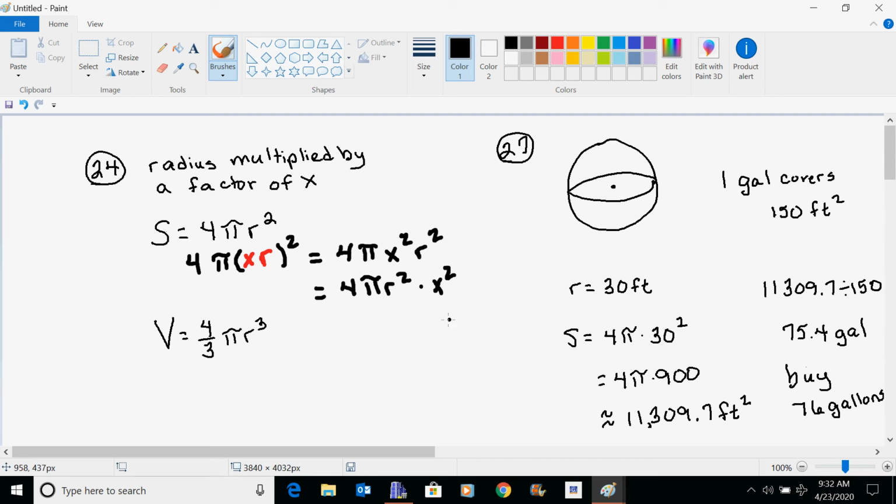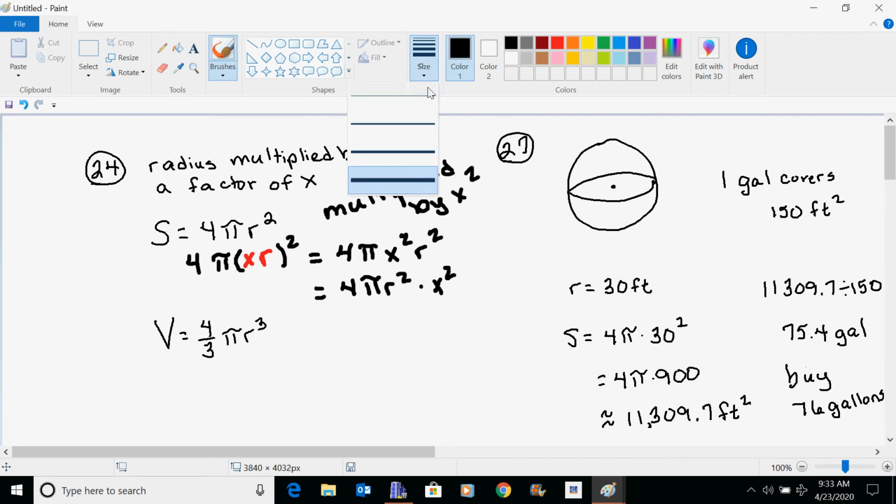So what that really means is that the whole surface area is multiplied by x squared. Okay, so you have the original and it's multiplied by x squared when you multiply this part by a factor of x.